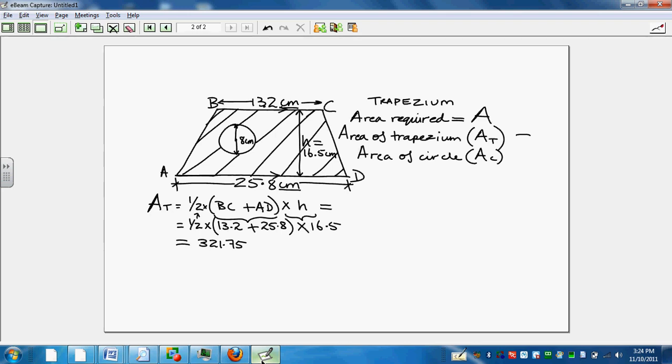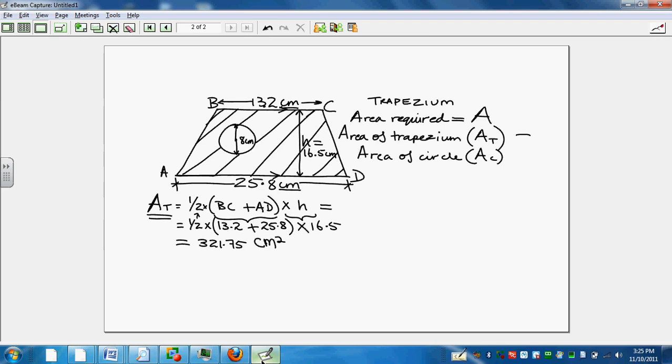So the unit of area, which is what we're working out here, will be whatever the unit of length is, centimeters squared. Right? So we have the area of the trapezium as 321.75 centimeters squared. What about the area of the circle now?